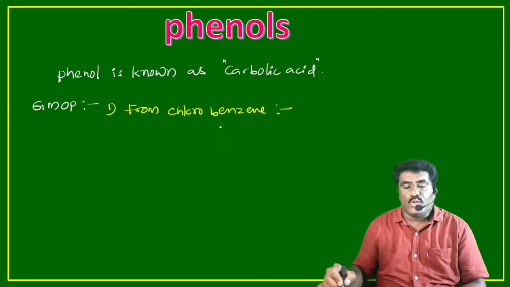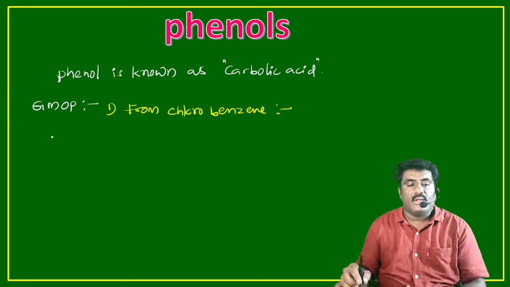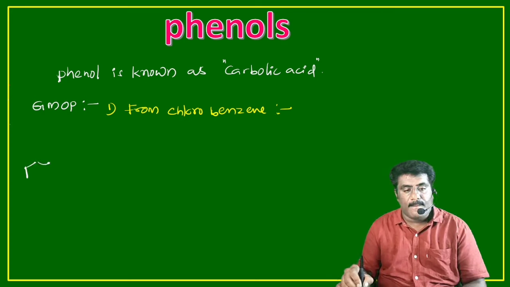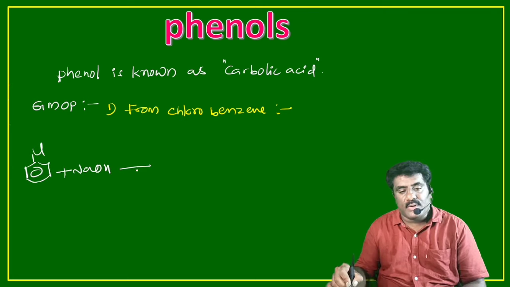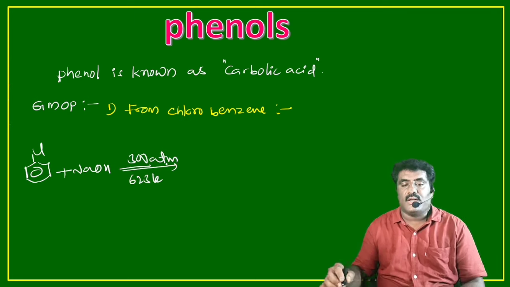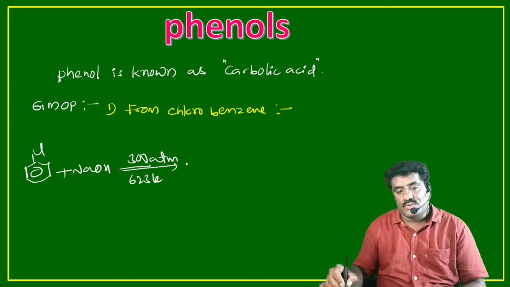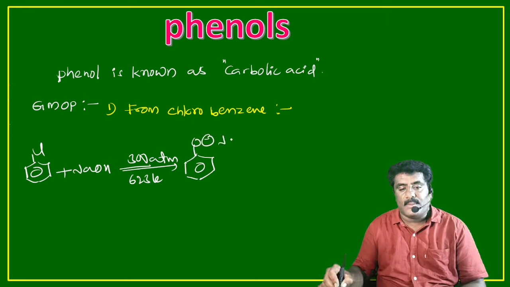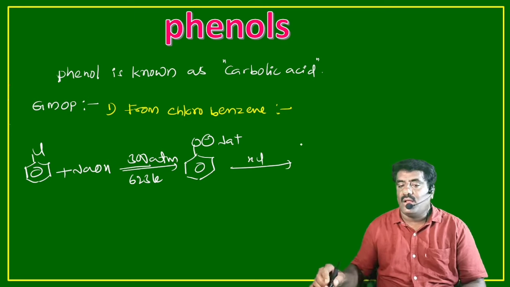Chlorobenzene in the presence of sodium hydroxide at 623 Kelvin and 300 atm gives sodium phenoxide. It is acidified in presence of HCl. It gives phenol.